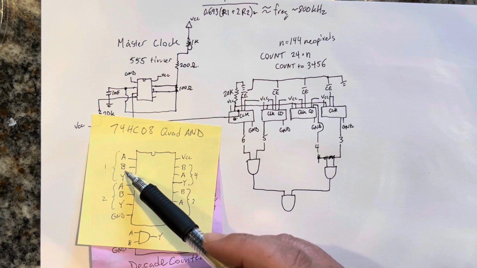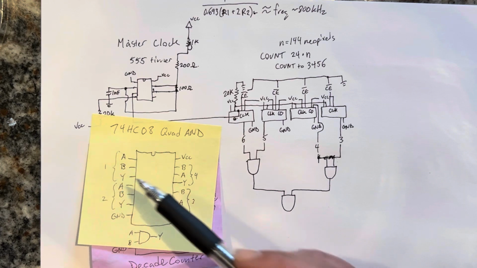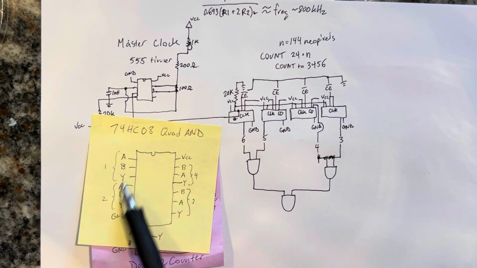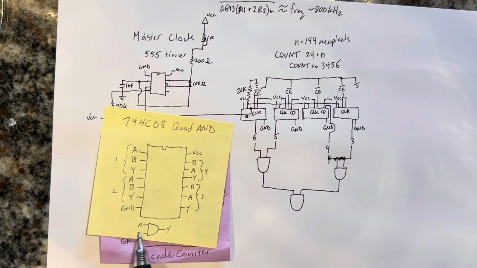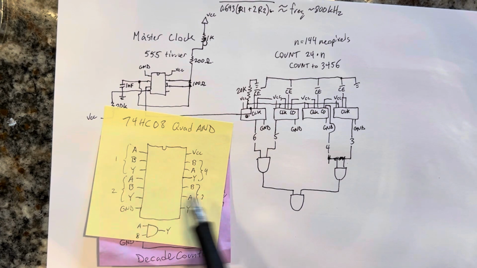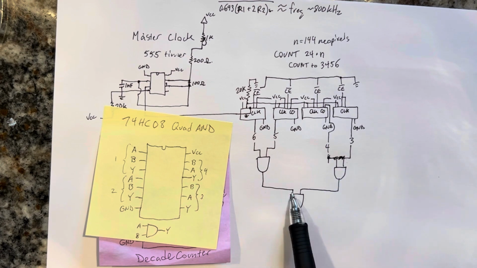So input 1 of AND, input 2 of AND, and because this chip has 4 AND gates on it, and it looks like this when it's running, I used 3 of them to create this.